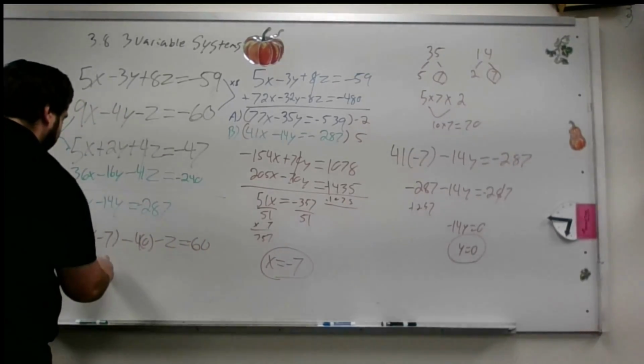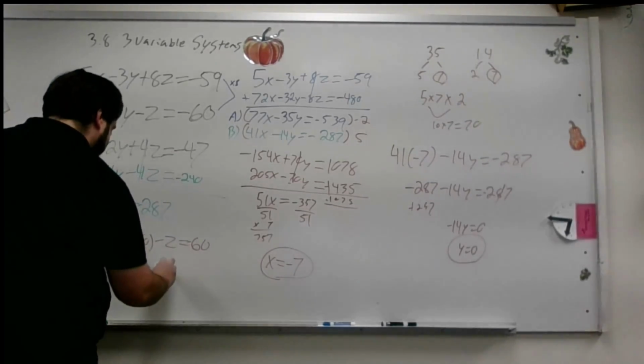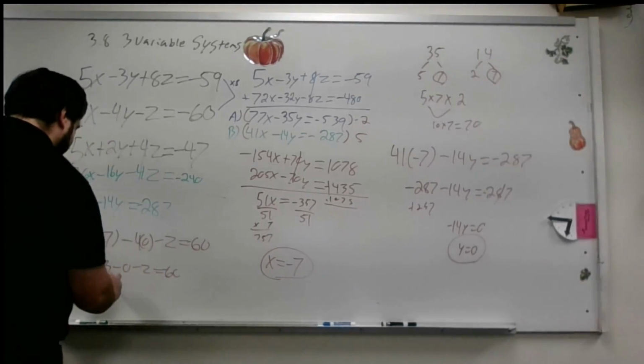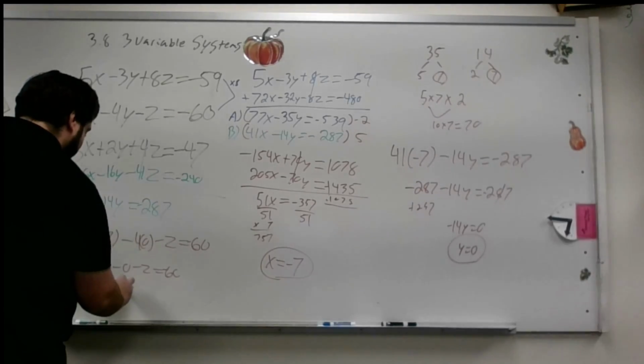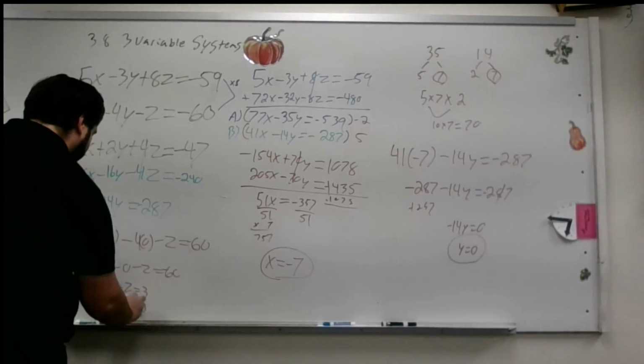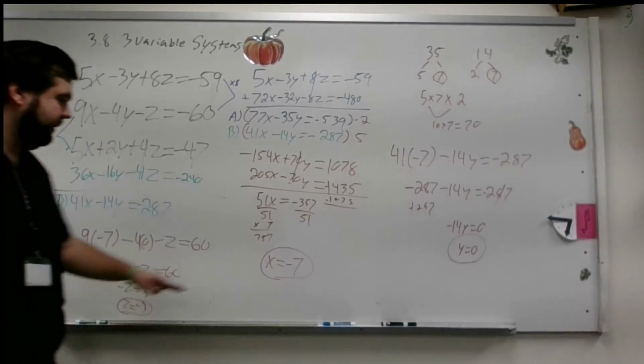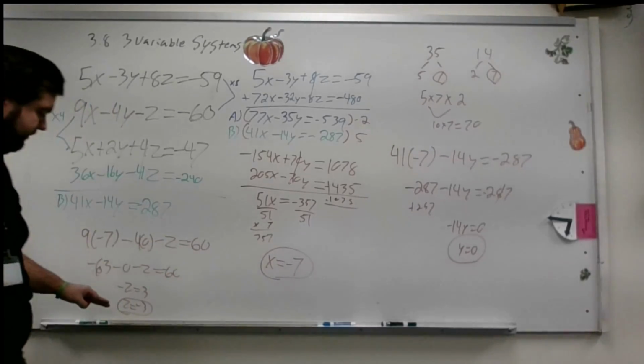That's going to give me negative 63 minus 0 minus z equals negative 60. Then you get negative z equals 3, so z is negative 3. Now I found my x, my y, my z.